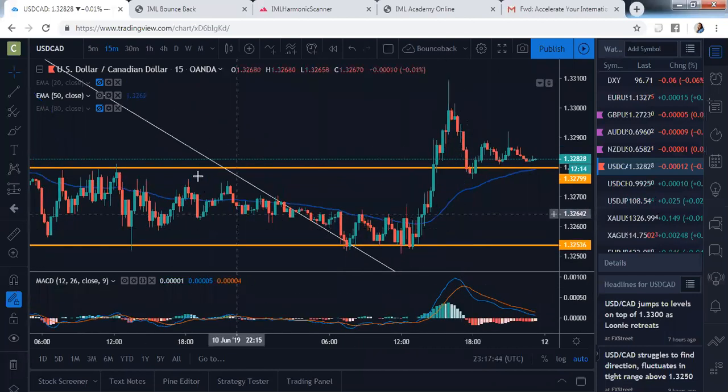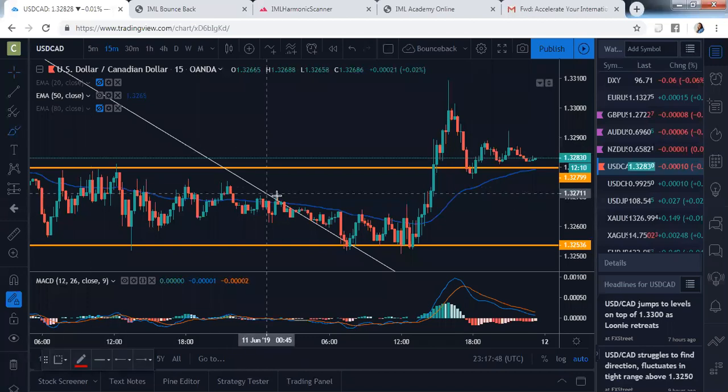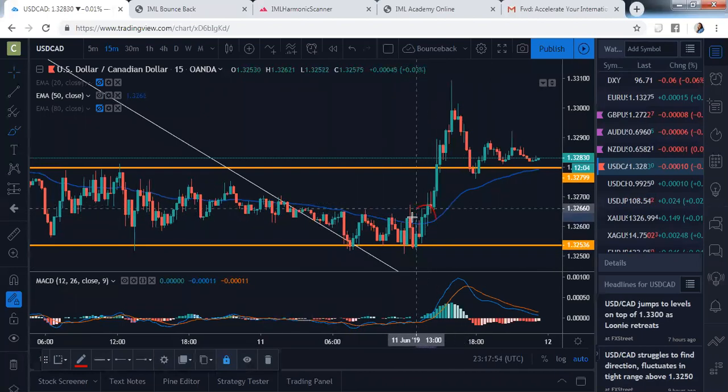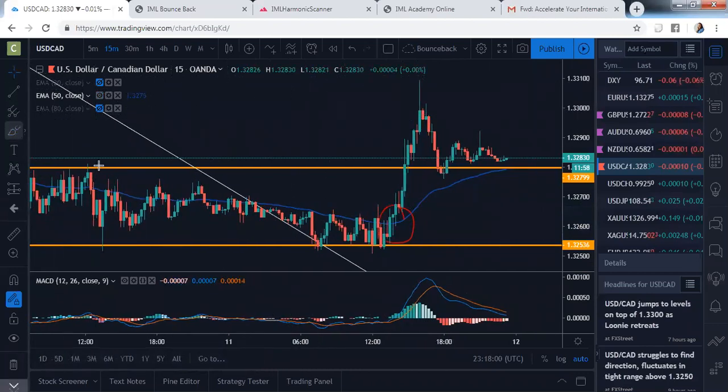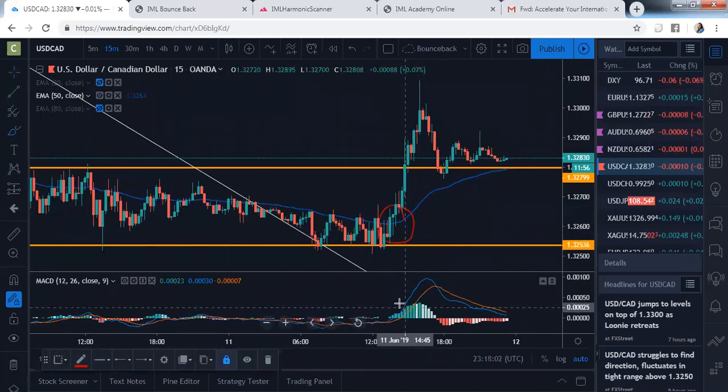What you want to look for is, as much as you look for the break, your next confirmation after the break of the trend line will be for the trade to break above your 50 moving average line. That would have been your confirmation there to get into the trade. And look what it did.